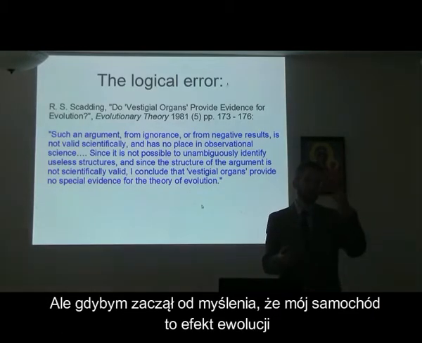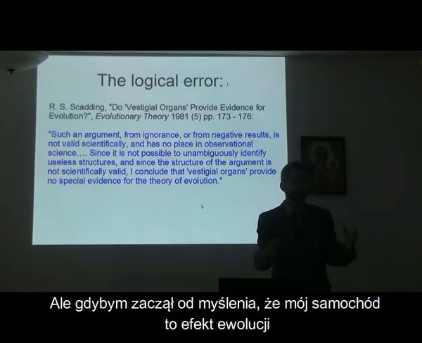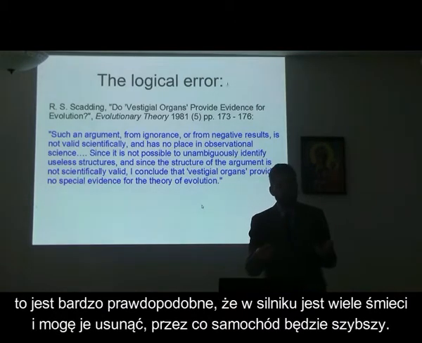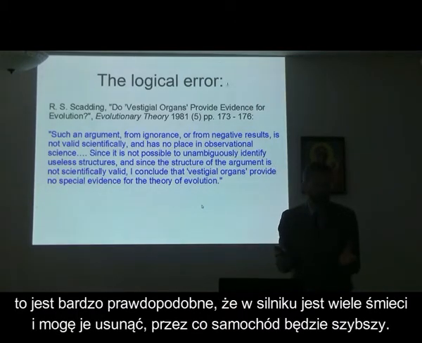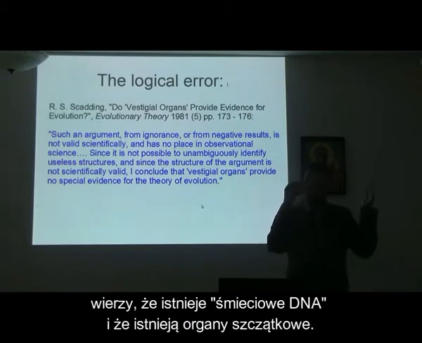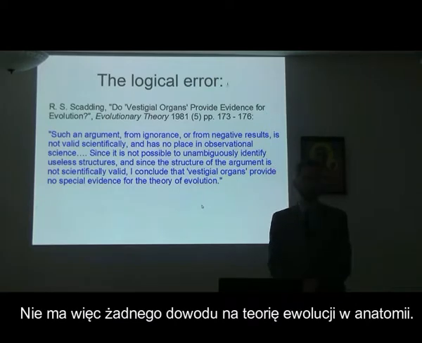But if I started from thinking my car is a product of evolution, then it's very likely there is a lot of garbage, and probably I can remove a lot of it and make it run faster in that way. And this is exactly the reasoning that made it possible that so many brilliant scientists believed that junk DNA exists and vestigial organs do exist. So there is no proof for the theory of evolution in anatomy.